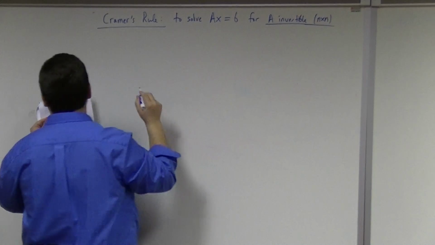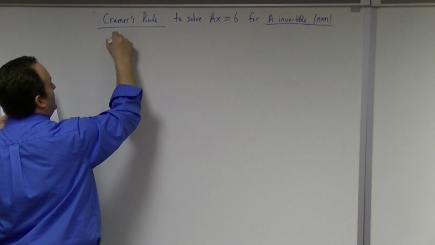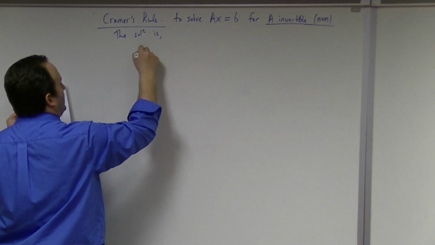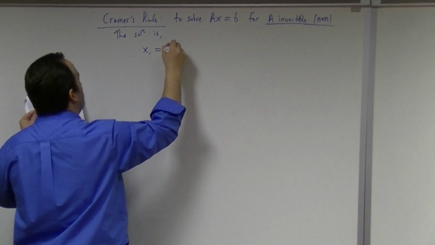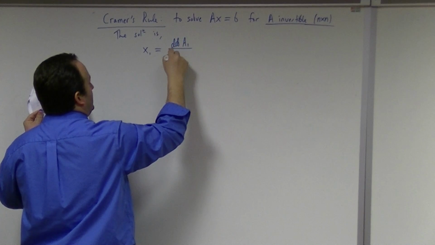And here's what it says. The solution is x1 equals the determinant of A1 over the determinant of A.